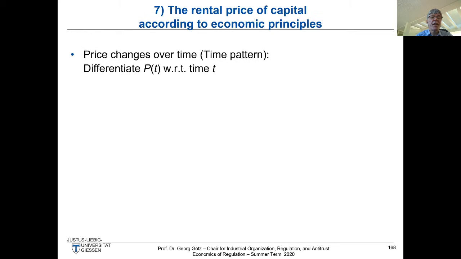And that's exactly what is written here. dp dt was the derivative of the right-hand side, and then I told you take the derivative of the first term, e to the minus (r plus d) t, and you get the r plus d down, times the p, and minus the v.